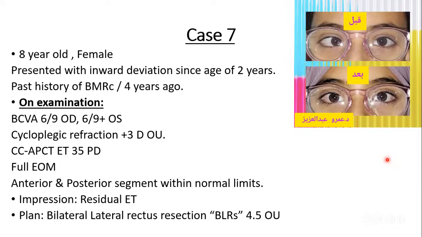And why can we do more recession on lateral rectus than medial rectus? It is a longer muscle than medial rectus. I don't think so. The length of the muscle is almost equal, both around 40 millimeters. There is another reason.